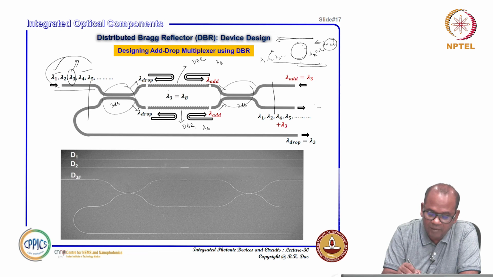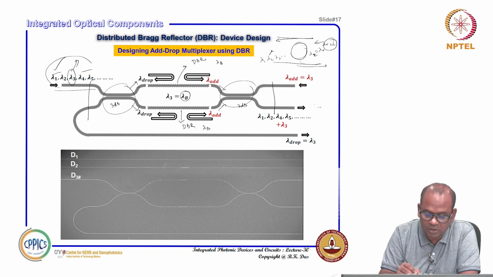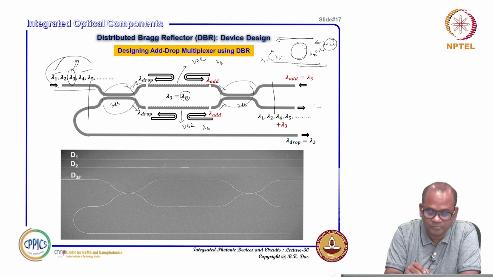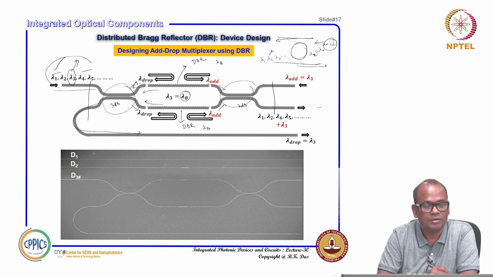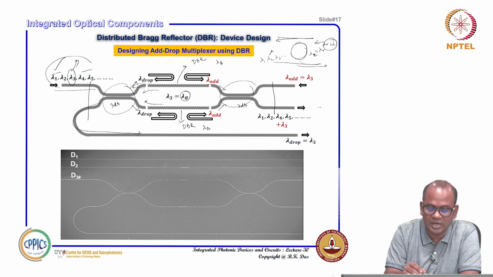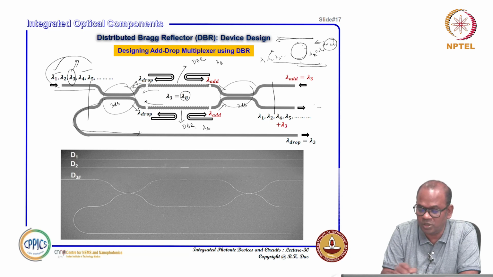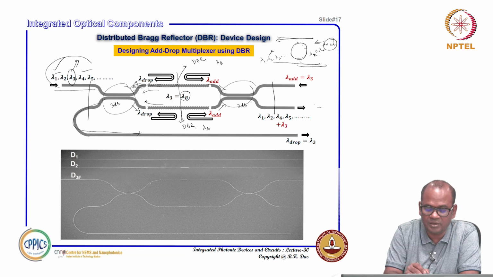But what we did, we have a DBR structure exactly reflecting lambda b, the Bragg wavelength. This one is also reflecting the Bragg wavelength. So what will happen? That lambda 3 that matches the Bragg wavelength will reflect back here. This will reflect back here and they will interfere, they will reproduce here. For lambda 3 it is like a folded Mach Zehnder interferometer. So a normal Mach Zehnder interferometer has a 3 dB directional coupler and arms in between, but here lambda 3 goes up to here and then reflects back.